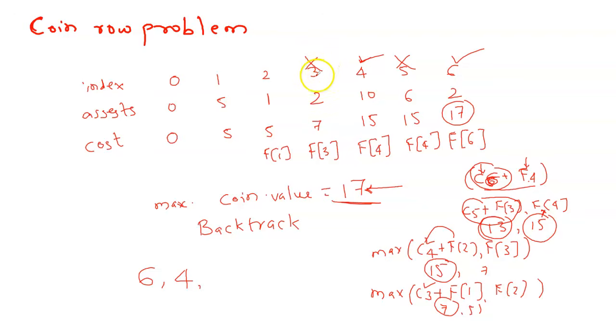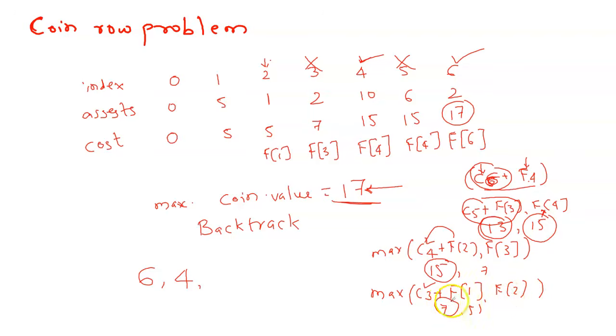So I will not pick this third coin. I will directly go to the second coin. This is very, very important. Most people get confused: for this C3, once we calculate the cost of the third coin, it is 2 plus 5, which is equal to 7, and the other is 5.